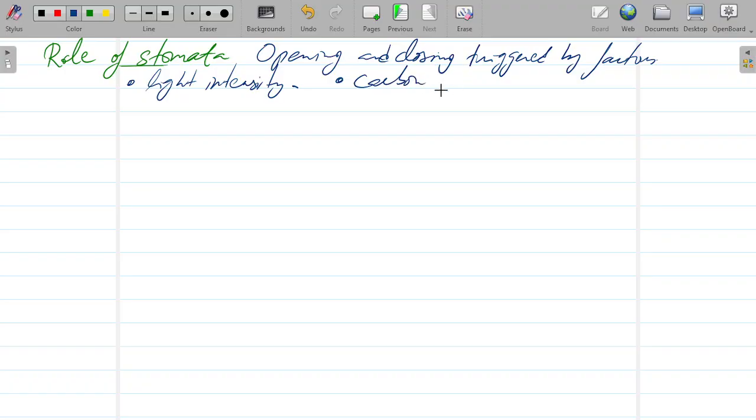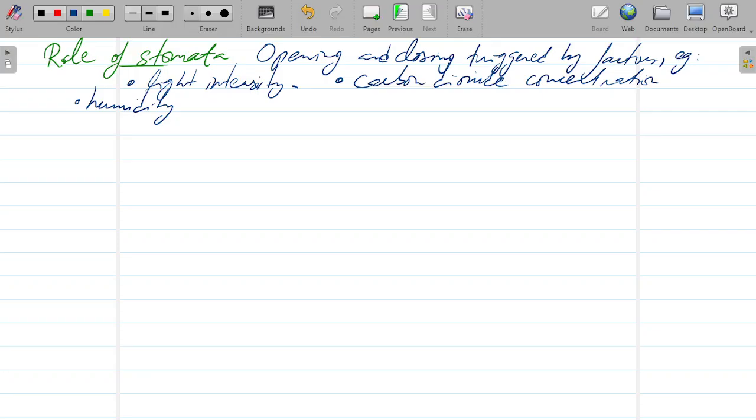So these are just examples. And you can also have temperature, obviously, because if there's too much water being lost, the stomata will close to try and stop it.